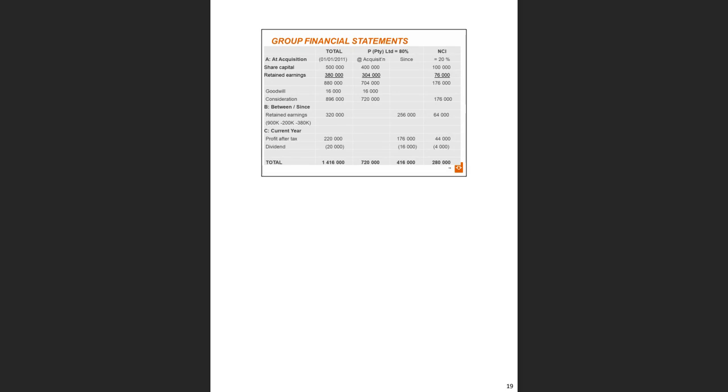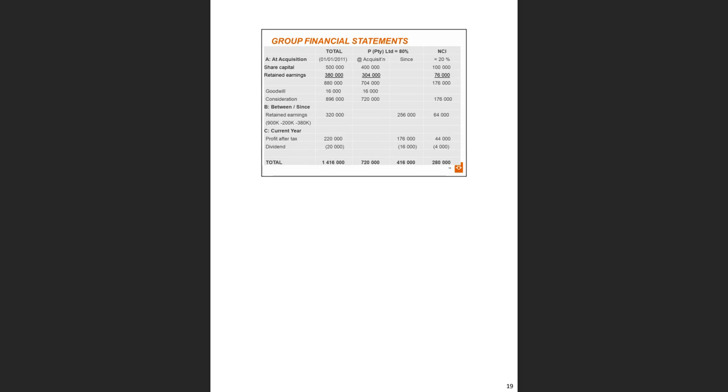So P's share of this retained earnings will take 320,000 multiplied by 80%. This will give us 256,000. Then we have profit after tax being 220,000. P's share of this is 80%, being 176,000 Rand.